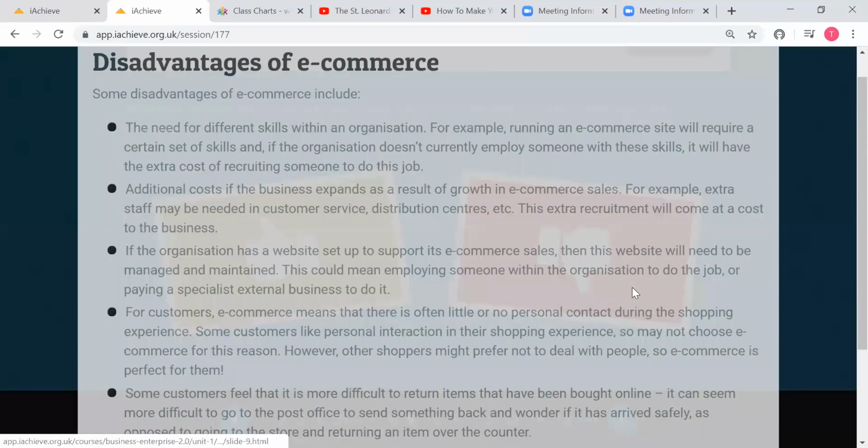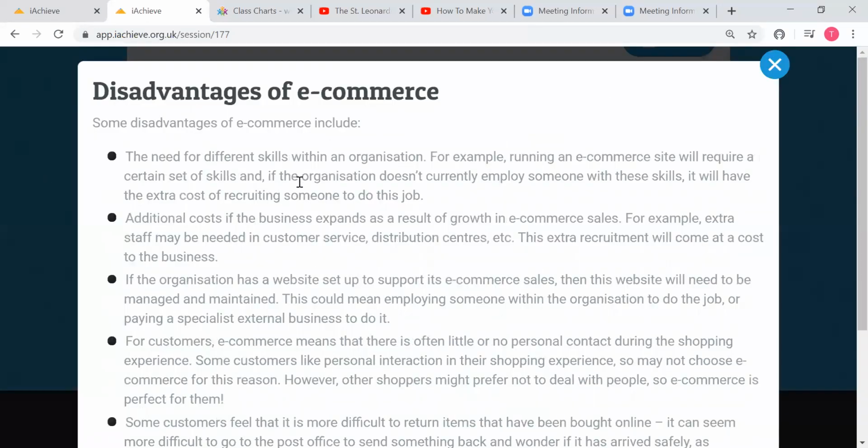So looking at disadvantages, need for different skills within an organization. For example, e-commerce sites require having internet skills, internet marketing skills, a knowledge of how the internet works, of how to use it to distribute products.